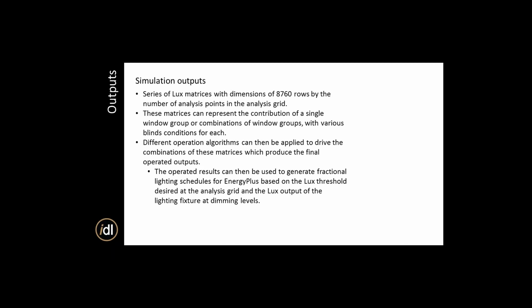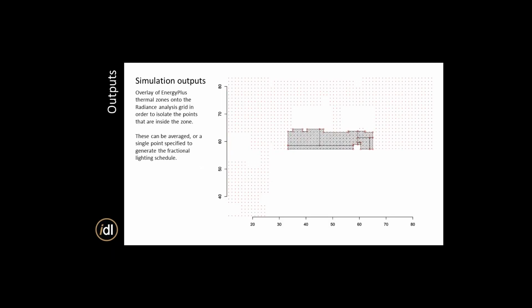Okay, and then this information, again, this is something I sent back to Amir as far as our workflow is concerned, and he can use the ambient operated results, or the plot, the grid, to generate a fractional lighting schedule based on his EnergyPlus zones. And this is essentially how we do it.